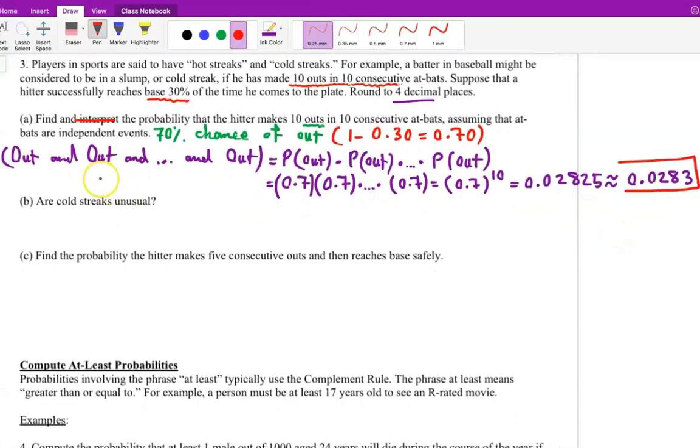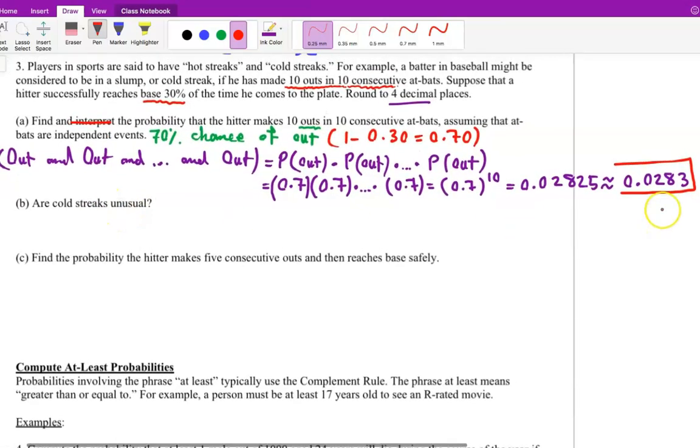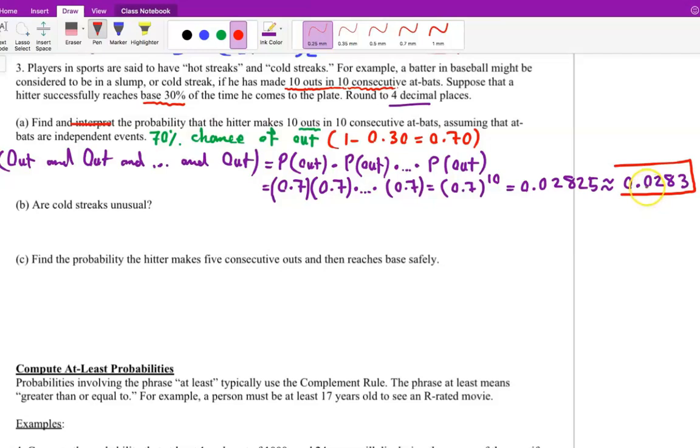Now part B, are cold streaks unusual? Remember, for unusual, you should compare whether that probability is less than 5%. If so, it is unusual.